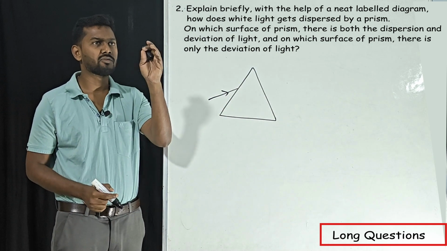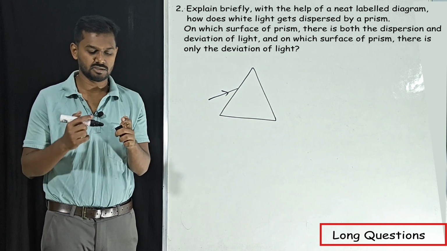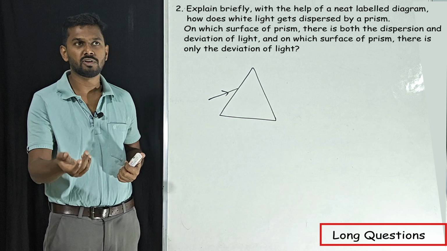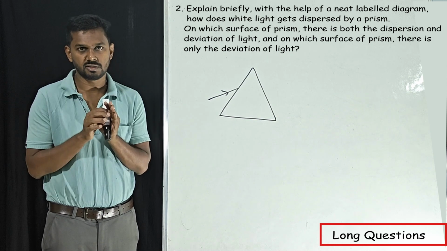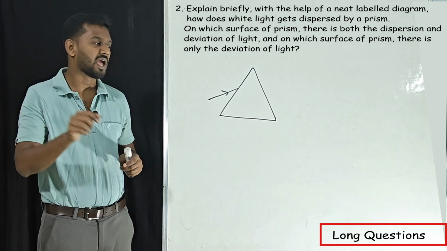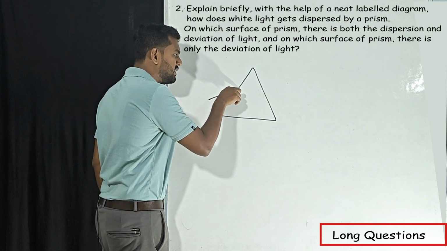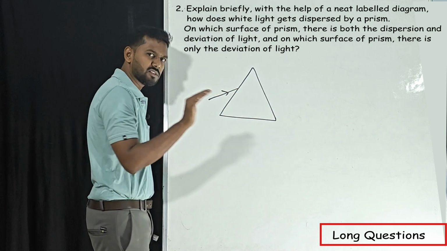Now, on which surface of the prism is there both dispersion and deviation? To answer this question, you need to know the difference between dispersion and deviation. Dispersion is splitting of colors. Deviation means change in angle. If the light goes in the same direction, there is no deviation. If it changes direction, that is deviation.